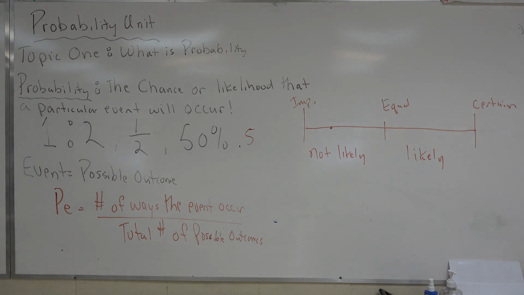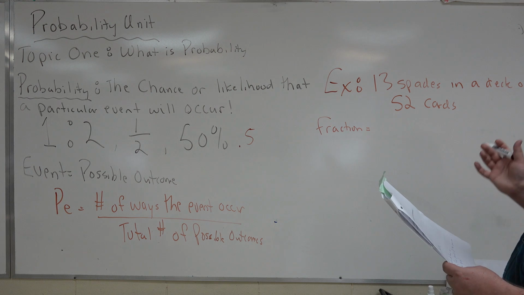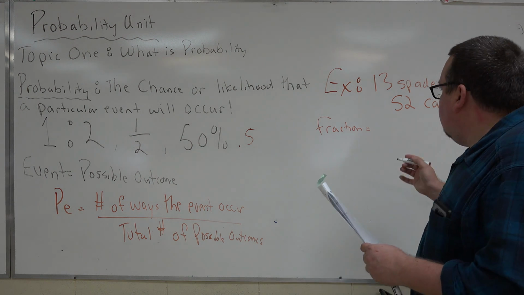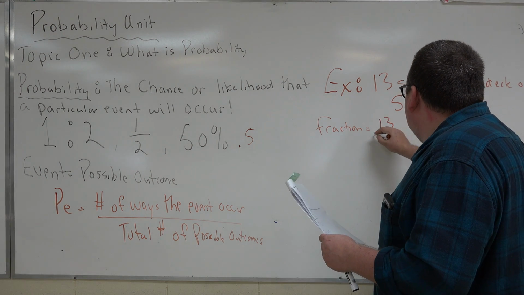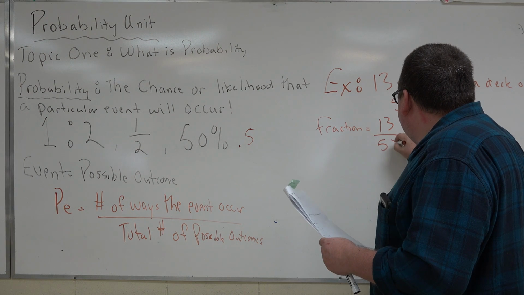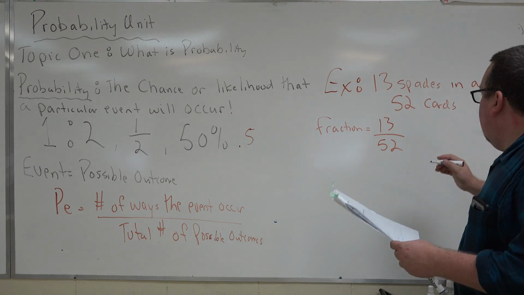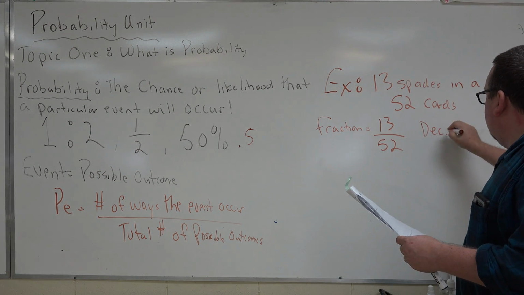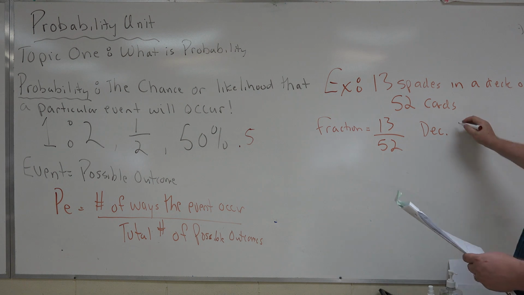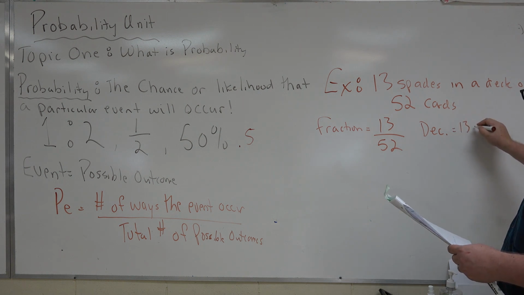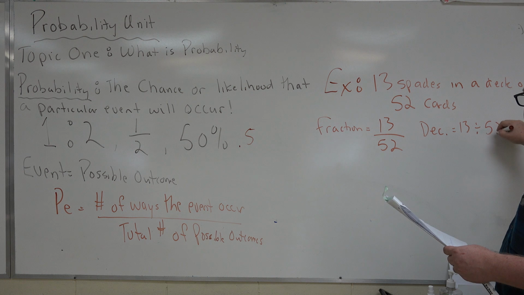There are 13 spades in a deck of 52 cards. As a fraction, that can be 13 spades over a total of 52 cards. As a decimal, you take 13 and divide it by 52.